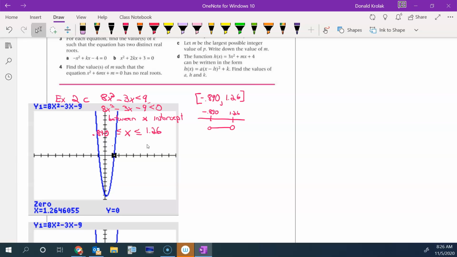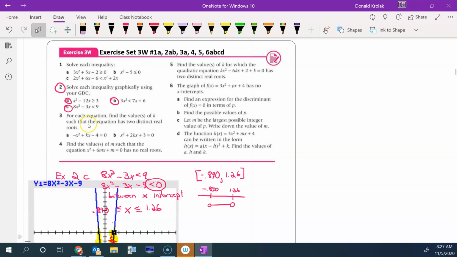This one was asking where it is less than 0, so the interval would be between the two x-intercepts. I used the zero function on the calculator and found these two numbers. Questions on this, guys? I'm going through it pretty quick. Are we okay on how you find it graphically? Don't be shy, guys. If you're not sure, ask.